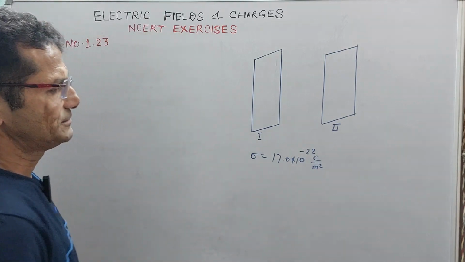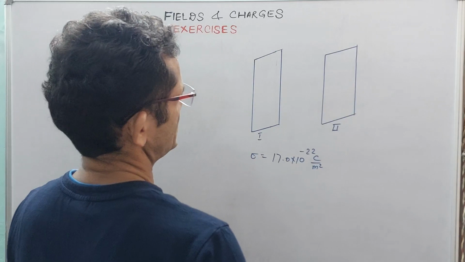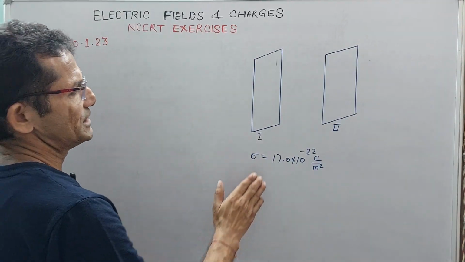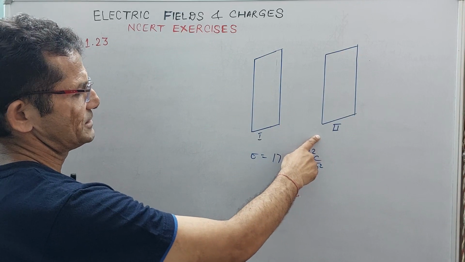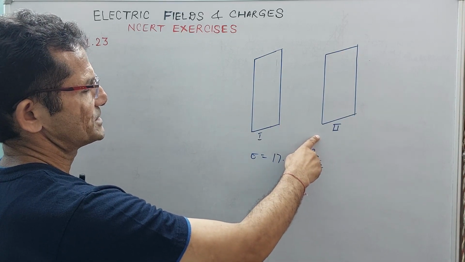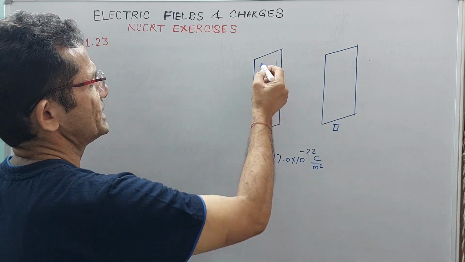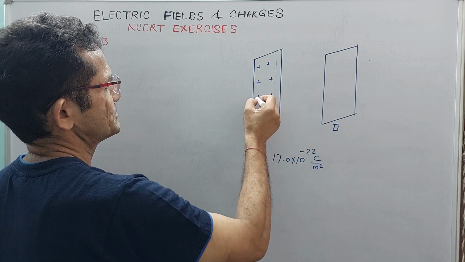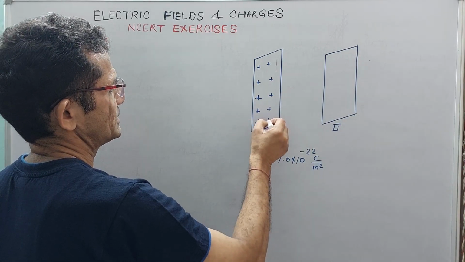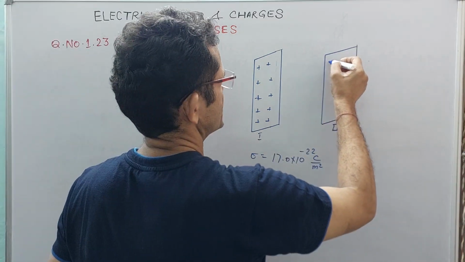There are charges on the inner side of the plates, meaning the faces facing towards each other. This one has the positive charge, and this one has a negative charge. The negative charge on this plate is minus.